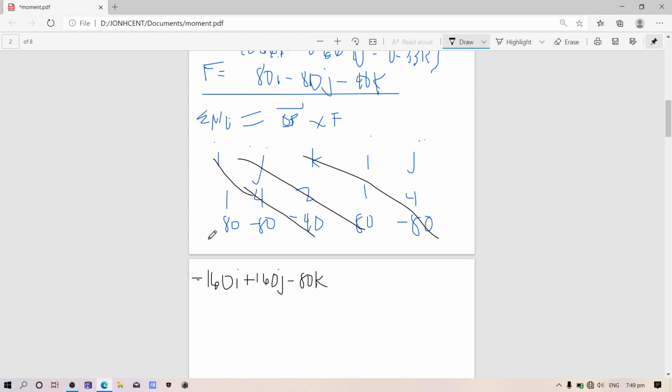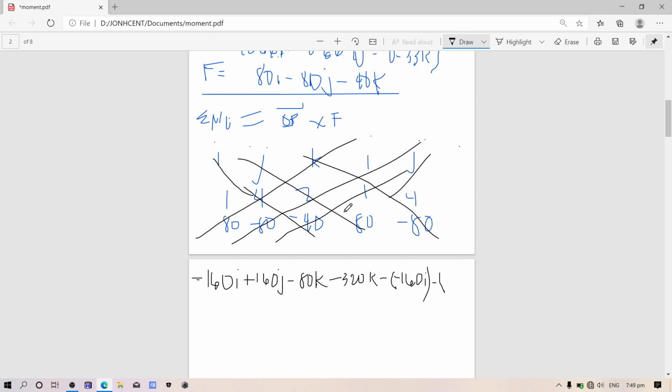Then, dito naman, pa-negative. Negative 320k. Okay. Minus negative 160i. Okay. Minus ito. Negative 40j.